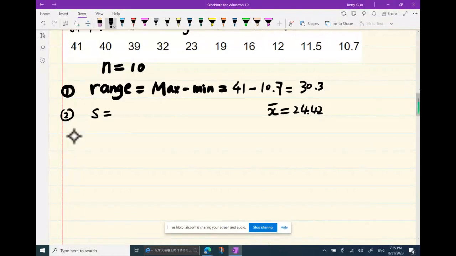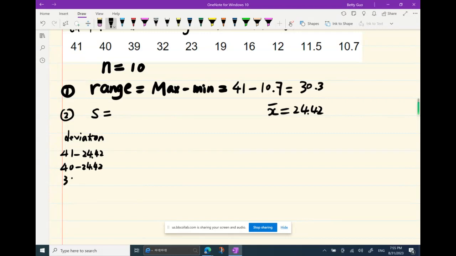And then I'm going to find the deviations. I'm making a table. In the first column is deviation, okay? I'm going to take each single value minus the sample mean. 41, 40. Of course, Excel would do this faster.